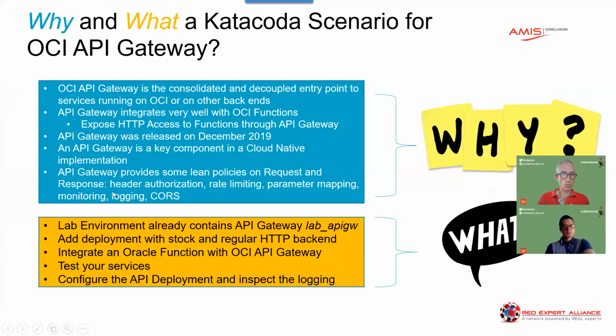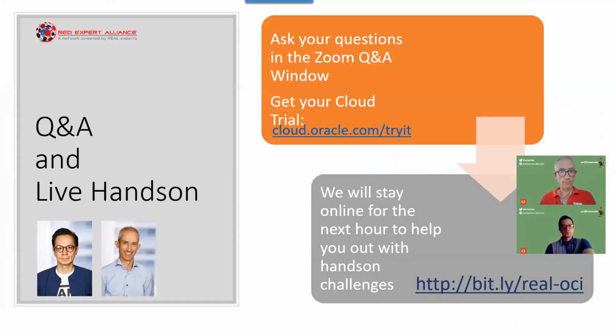And that's something that we will do in the scenario: define this API deployment, first with a stock route and a regular HTTP backend, and then with a function. We will, of course, test the routes on the API gateway, and then we can also inspect the logging if we define that the API gateway should implement logging.